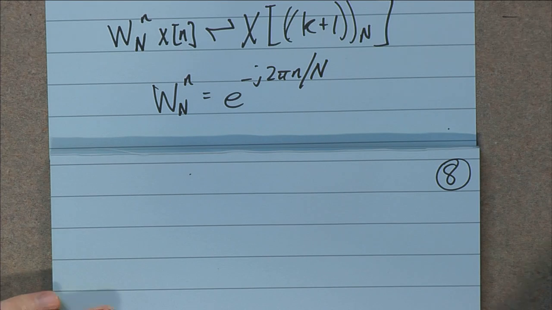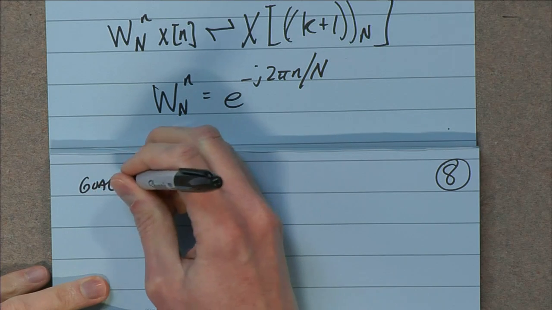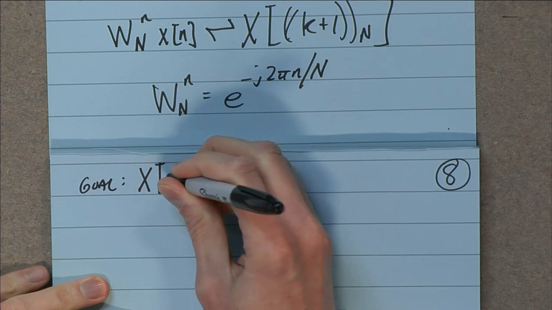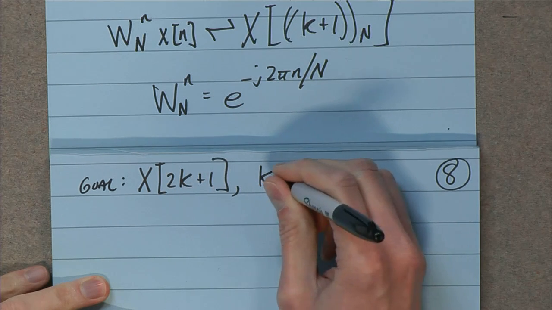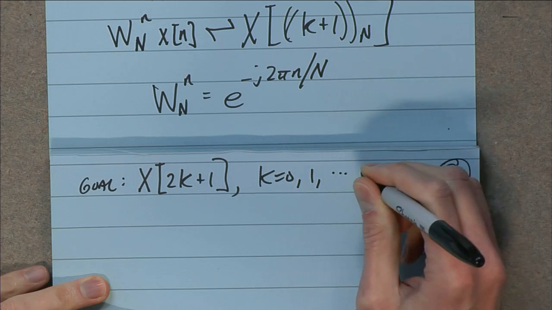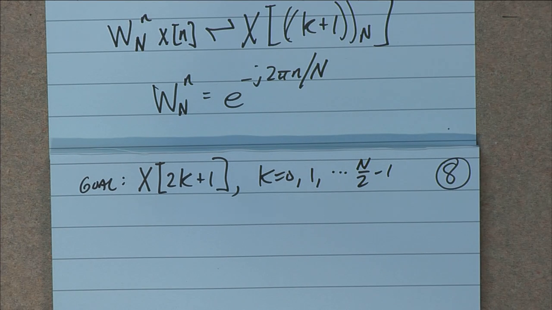What we want is the sequence whose DFT is X of 2k plus 1. So the goal is X of 2k plus 1, for k equals 0, 1, dot dot dot, N over 2 minus 1. That's what we want. Let's attack it in 2 steps.